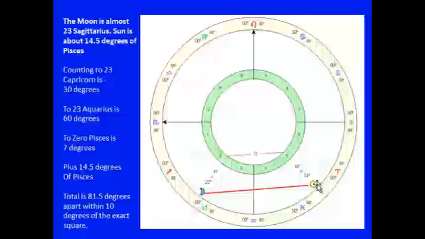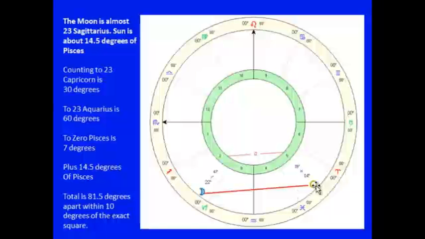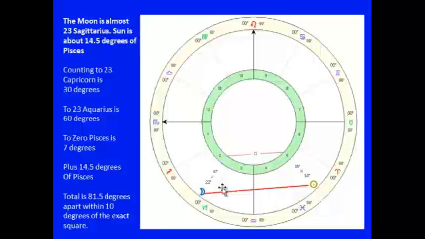Actually, to 23 you'd add 7, that would give you 67, and then you add the 14. So it's basically a wide square. It's not a super close square, but actually it's 81.5 degrees apart from this moon in Sagittarius to this sun in Pisces.